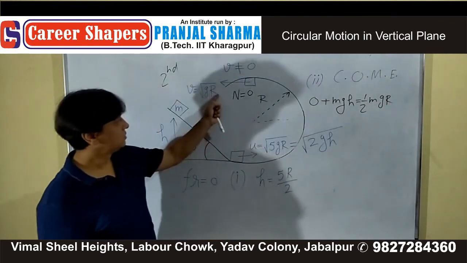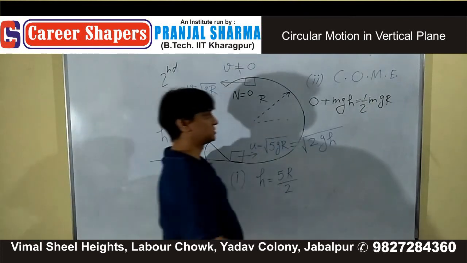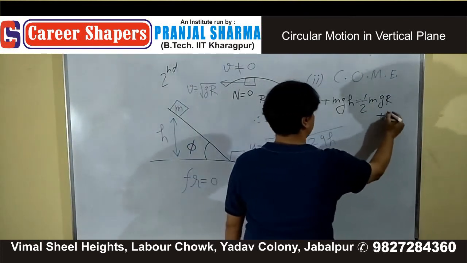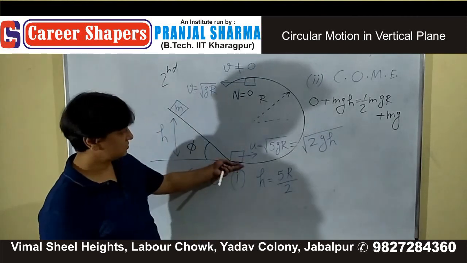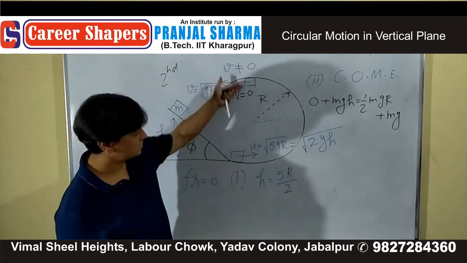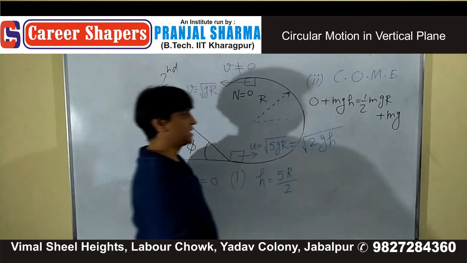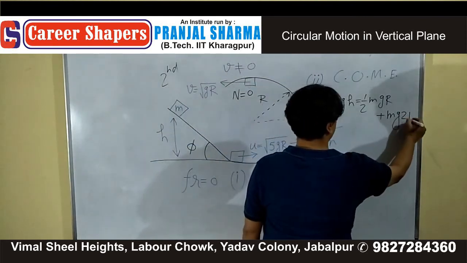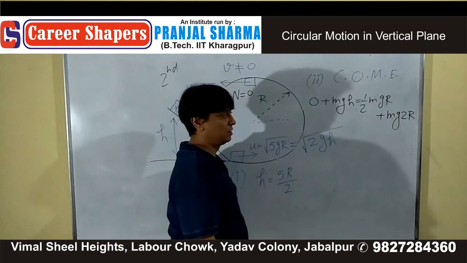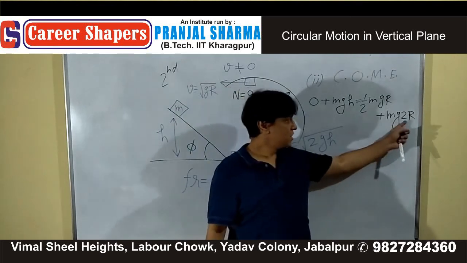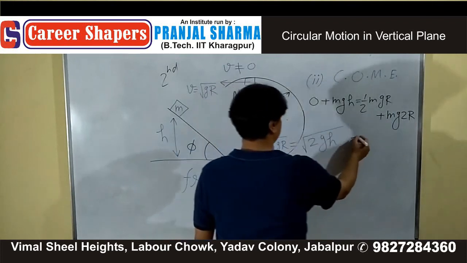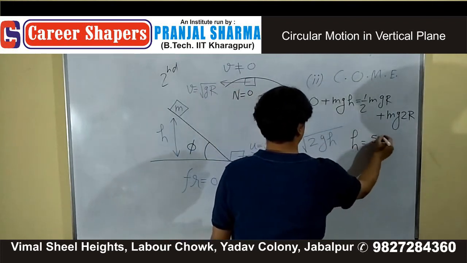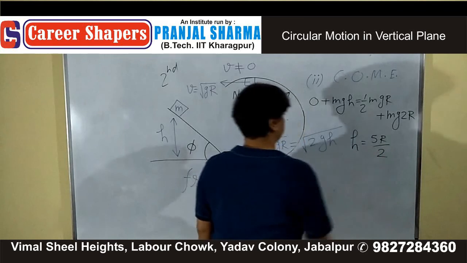Half m gr, plus potential energy, which is mg multiplied by the height from this. What is the height from this? Diameter. What is that? 2r. This is coming what? 2r. 2 into 2, 4 plus 1, 5. And you get your h. Again what? 5r by 2.